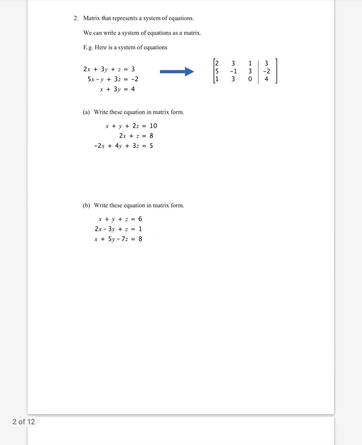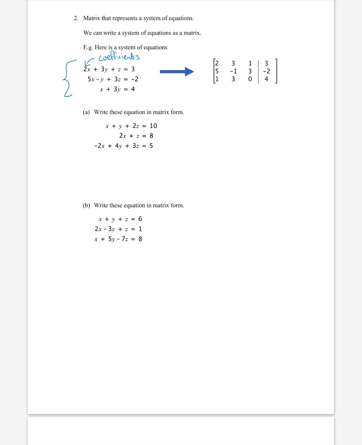Question 2. We can use a matrix to represent a system of equations. Here is an example of a system of equations. It's got 3 variables, x, y, and z. And we can write this into a matrix where the coefficients, the numbers in front of the pronumerals, are written in the matrix.